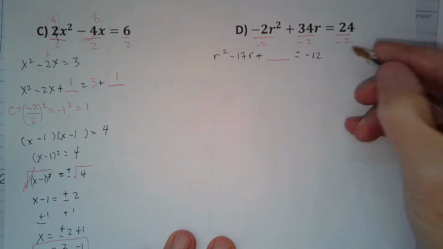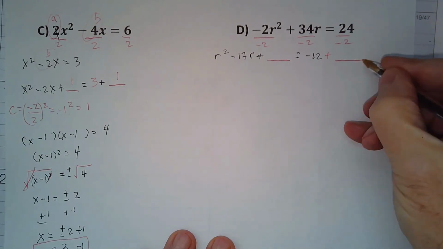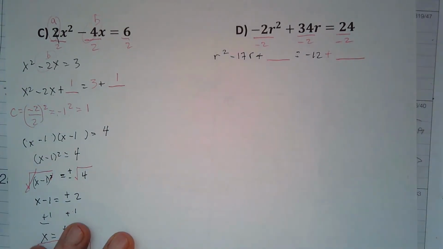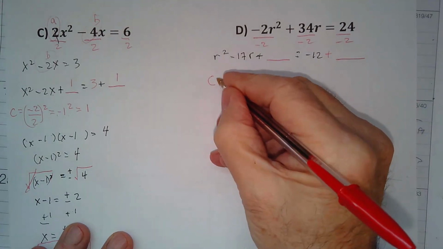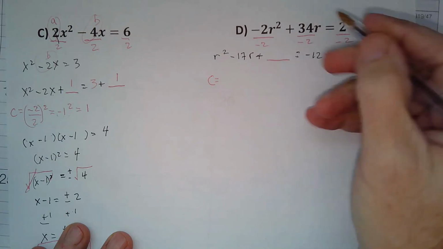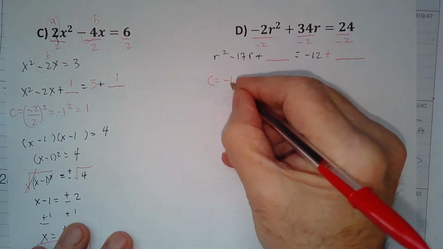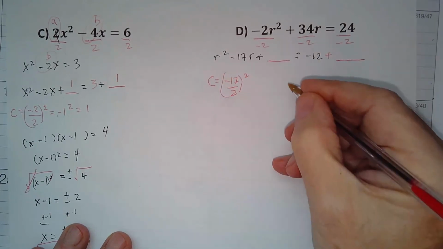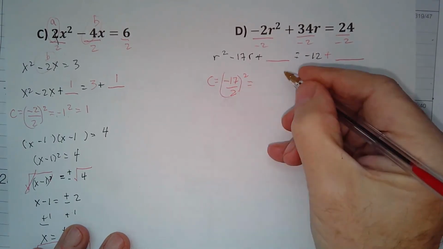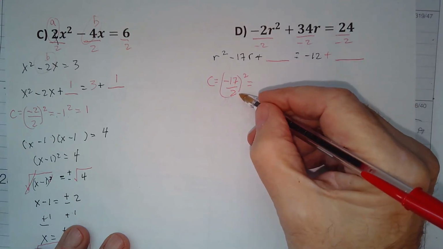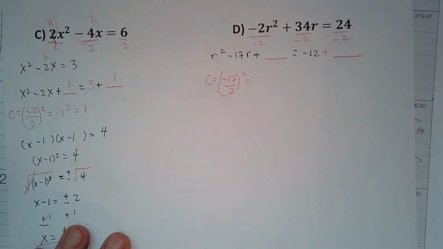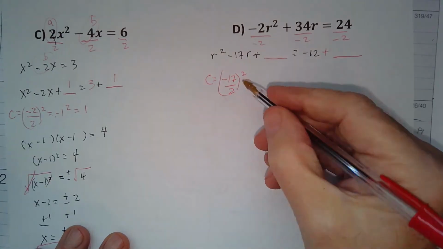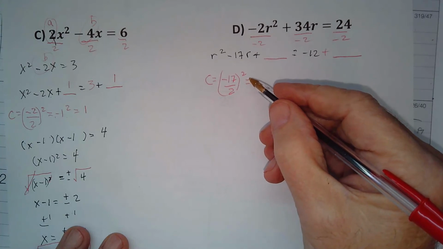Okay, plus something. Okay, so now we need to know what the something is. The something is your c. So c is going to be negative 17, right? Negative 17 divided by 2 squared. Well, negative 17 divided by 2, we could set up a decimal for that. Probably would be the best thing because it's going to come up with an ugly fraction.